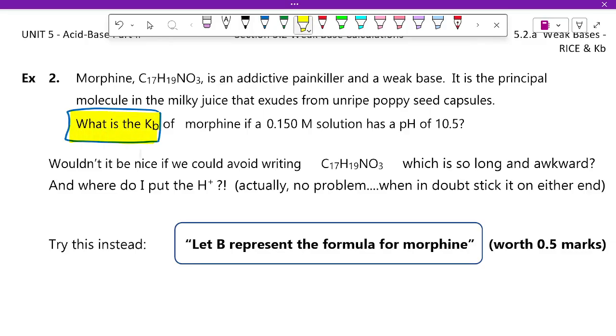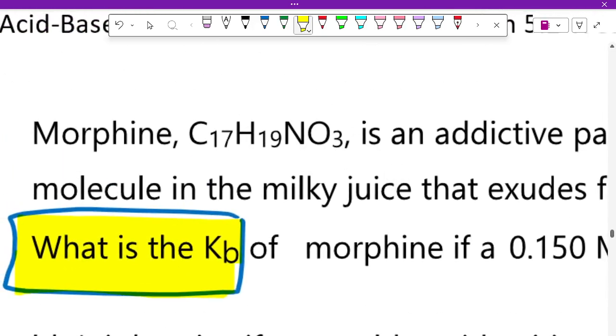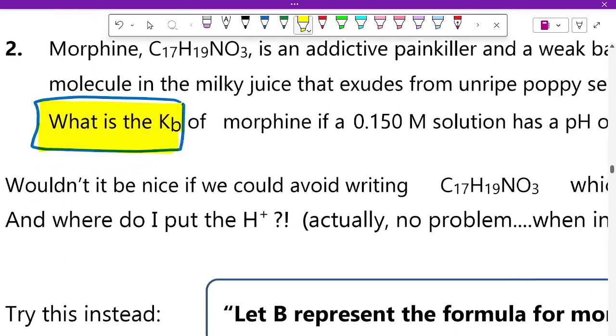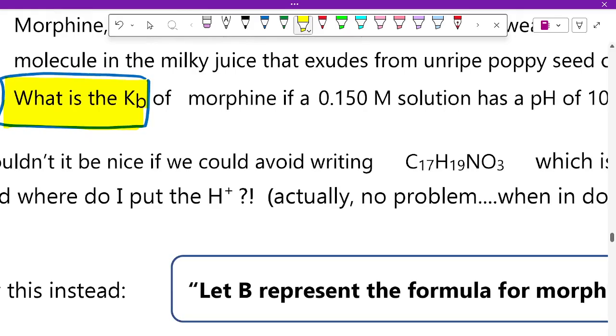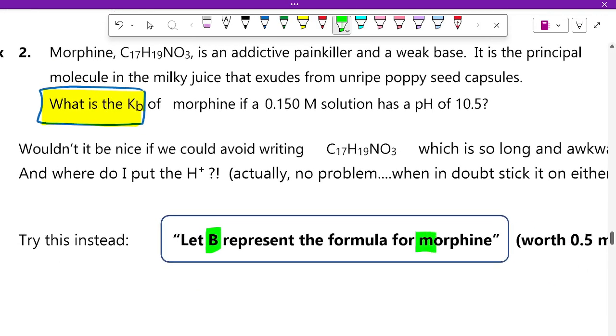given you this great big long formula, right? C17H19NO3. What if you don't want to write that down every single time? You could say, because it's a base, let B represent the formula for morphine. So instead of writing out all of this, which is so long and awkward, we're just going to write B instead.